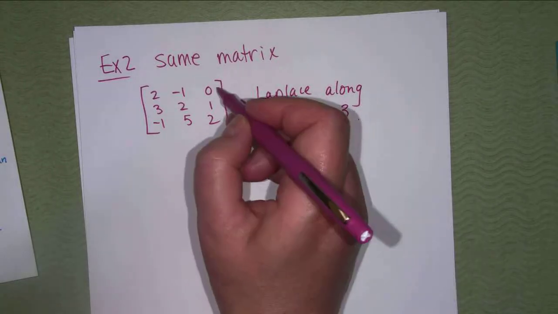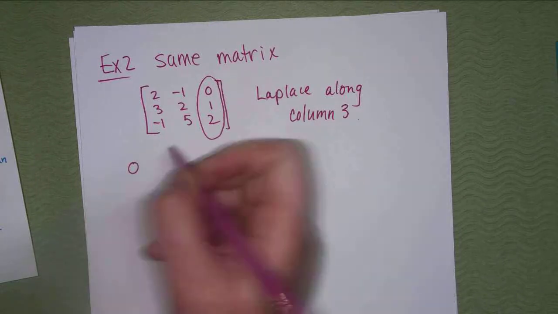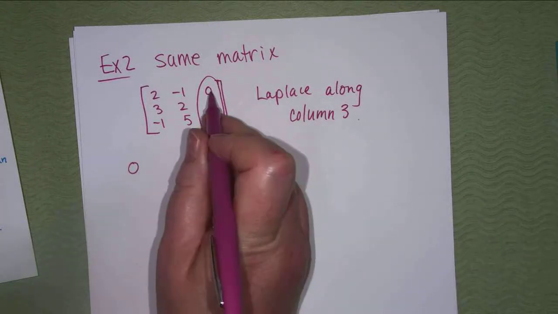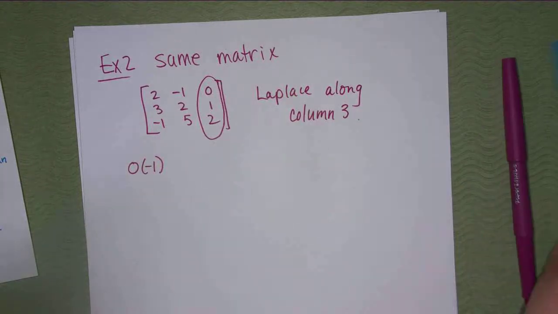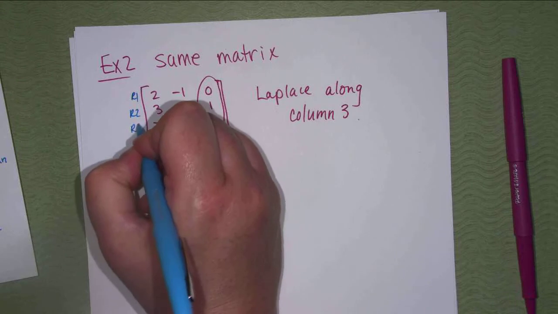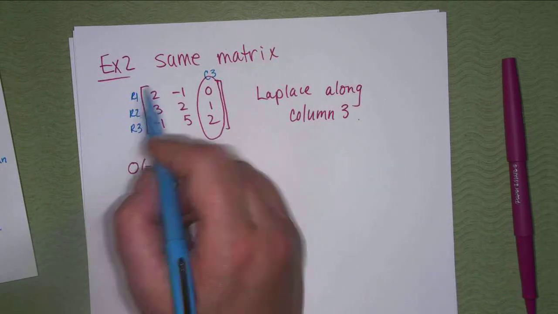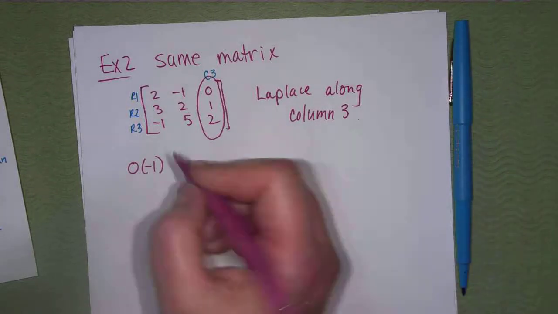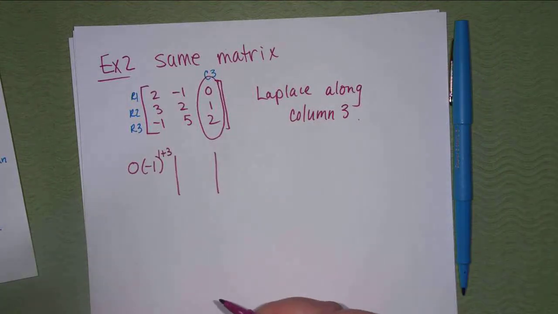So here, let's circle column 3. So we're going to do 0, that's the first one, times minus 1 to the 1 plus 3. And write your matrix.